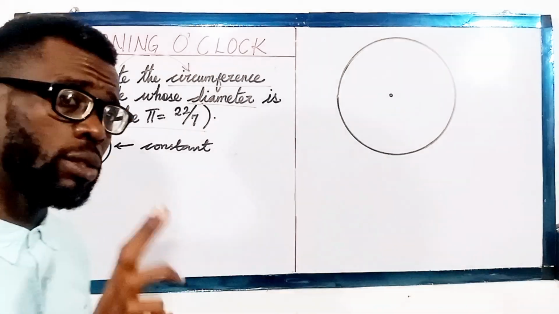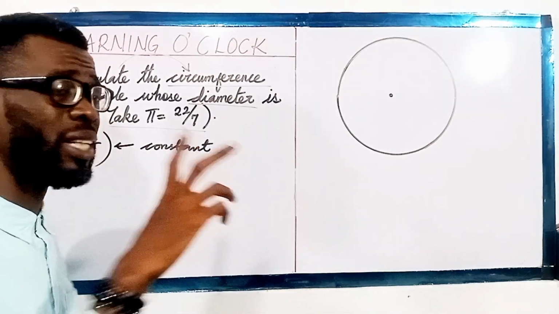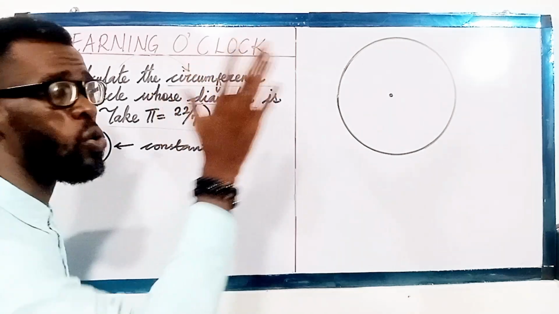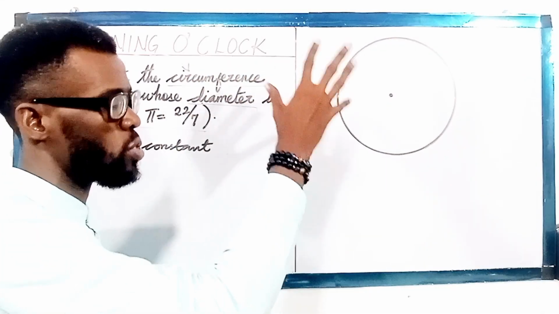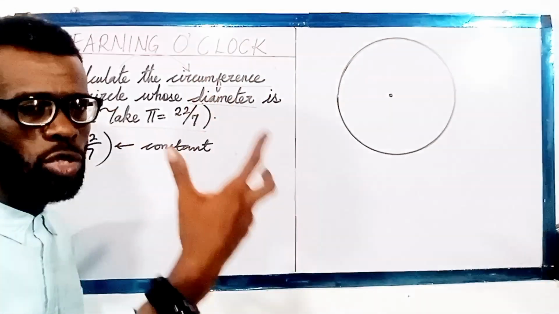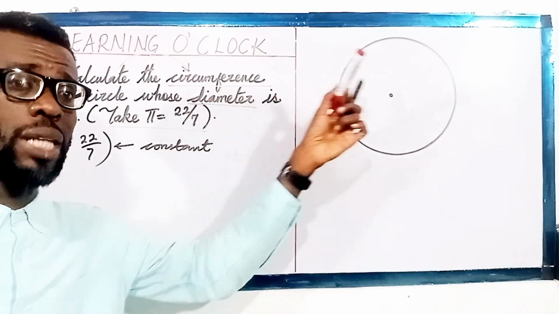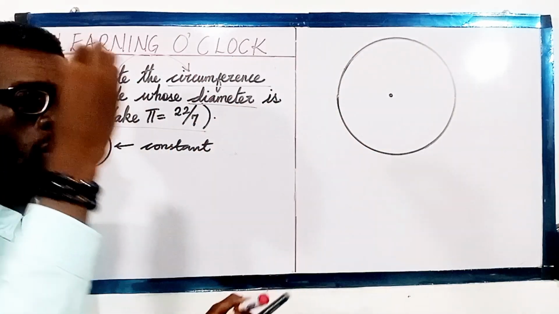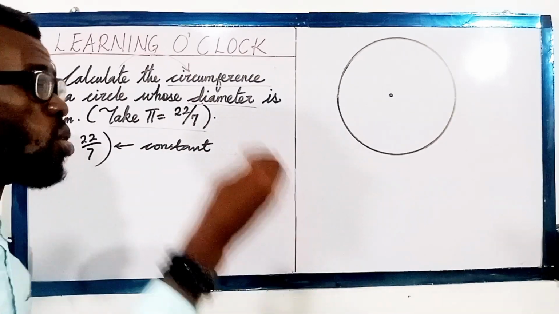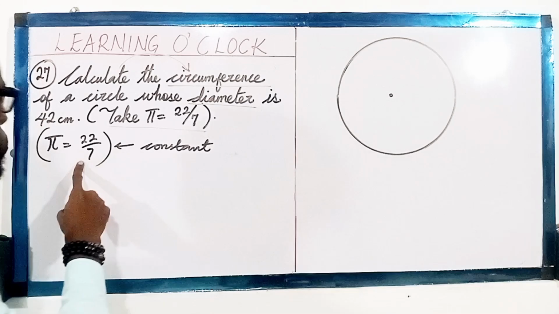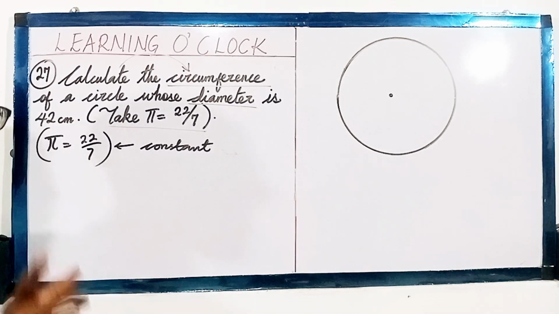Anything circular, you will always find pi in it. No matter how big it is, it is always a constant. Constant means it's always there, you always need it. So that's for pi, right?